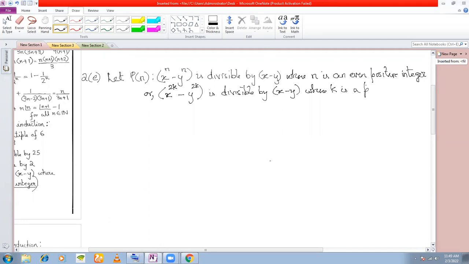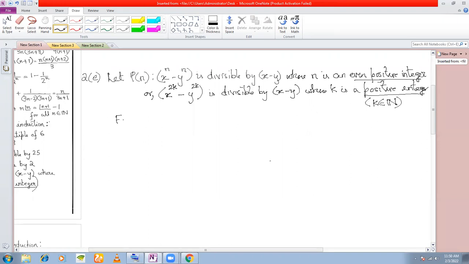Now our statement will conform to the definition of mathematical induction, right? So you see the difference, even positive integer here, and k is any positive integer, that is a natural number, right?